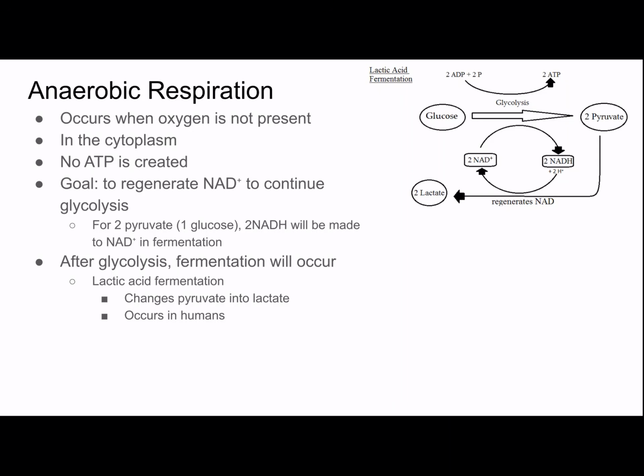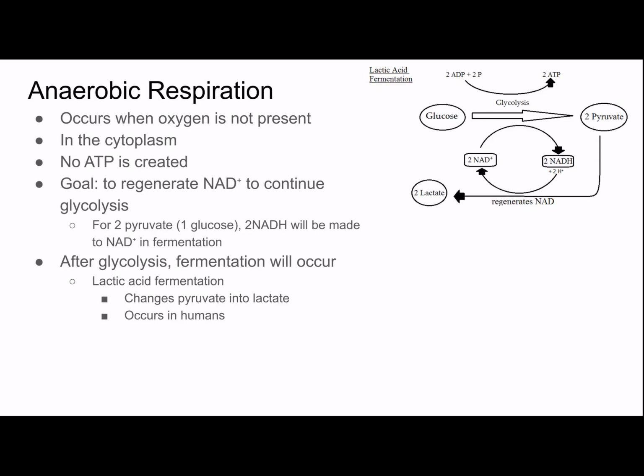For example, let's say you've been doing a lot of heavy exercise and then your muscles start to hurt. That's because you're not letting your muscle cells have enough oxygen to undergo aerobic respiration, so they start undergoing fermentation and producing that lactic acid, which is why you feel that pain. It's the acid that's hurting you.